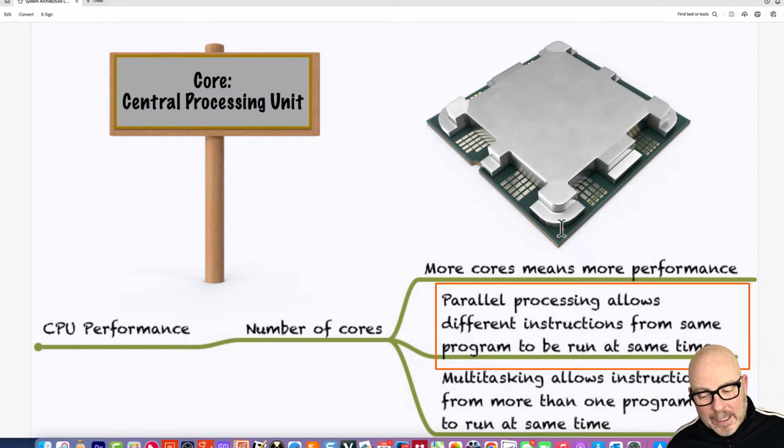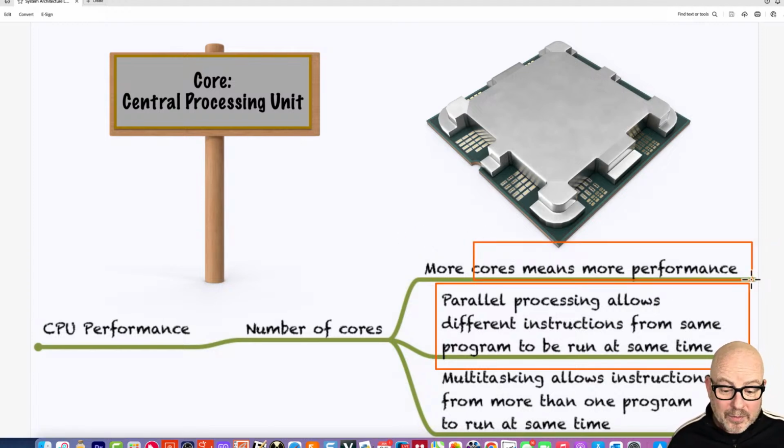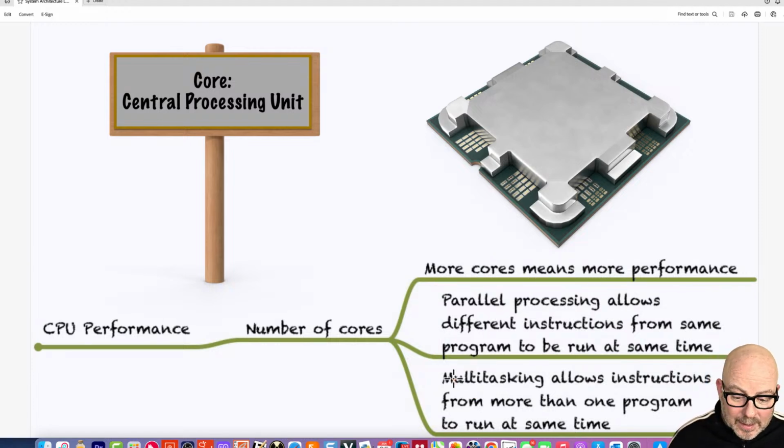They might say, what would be the benefit of having more than one core? And you could say, more cores means more performance. If they want more from you than that, you can say it means that you can use parallel processing. And lastly, it means that you can multitask. And multitask means that you can use more than one program at the same time.